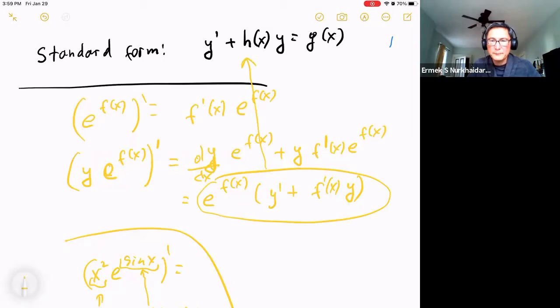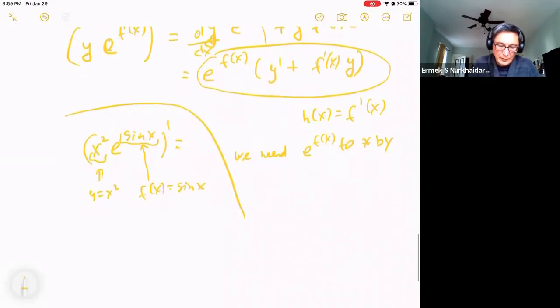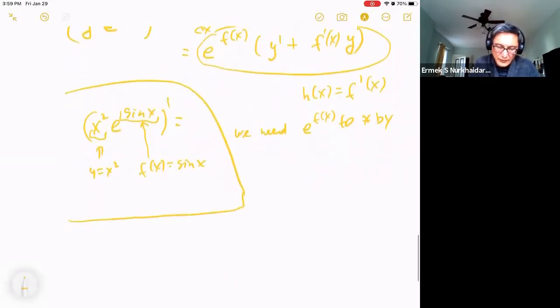If I try to make that connection, you see that h of x is going to be essentially the derivative f prime, and we need e to the f of x to multiply by. Do we see that? Okay.